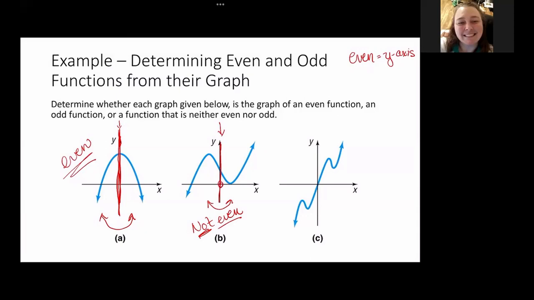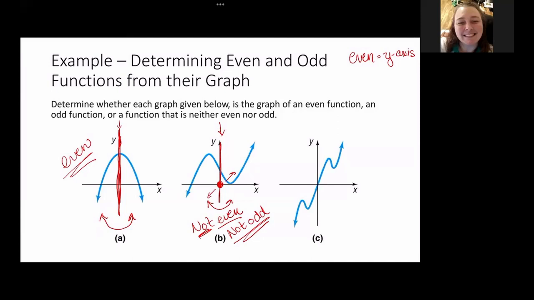So if I were to look here, and I'm looking this way, if I were to fold it like that, is there anything? No. Okay, it's not even, it's not odd. It's still a function because there's only one point going left to right, but it's neither even nor odd.